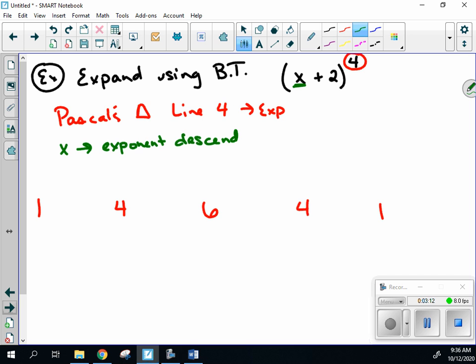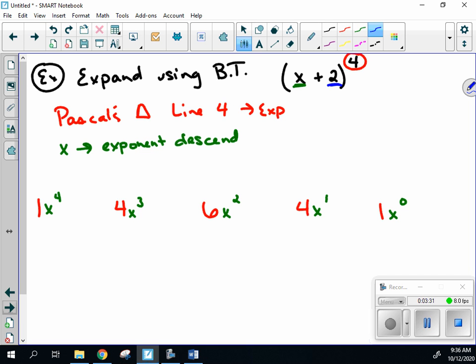Okay, so that might not make sense right now, but it will. I have x to the, my degree was 4, x to the 4th power, x to the 3rd, x squared, x to the 1, x to the 0.